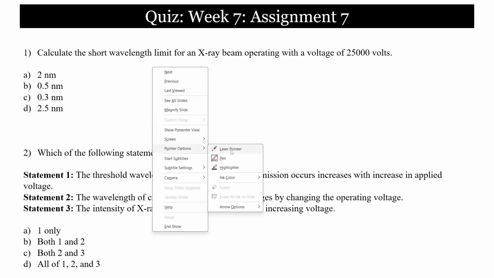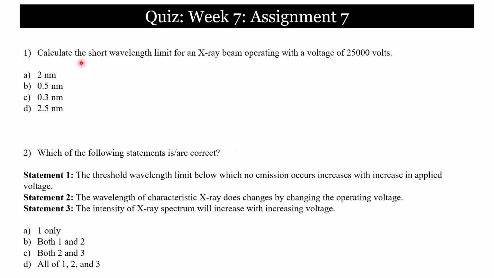Now we'll go to the quiz of this week 7, which says: calculate the short wavelength limit of X-ray beam operating at a voltage of 25,000 volts.